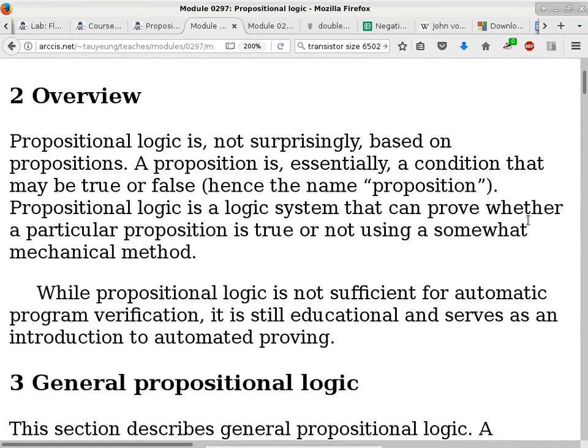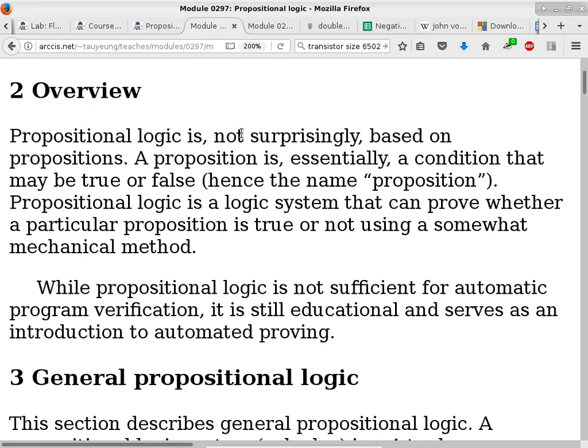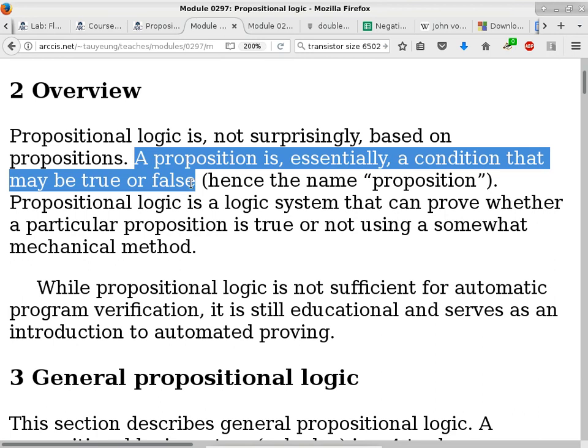So in this case, propositional logic is based on propositions. A proposition is a condition that may be true or false. Now this is really important, because when I make a certain statement like A and B, I'm not asserting that A and B is true. I'm just asking, is A and B true or false? I'm asking a question. Propositional logic is a logic system.